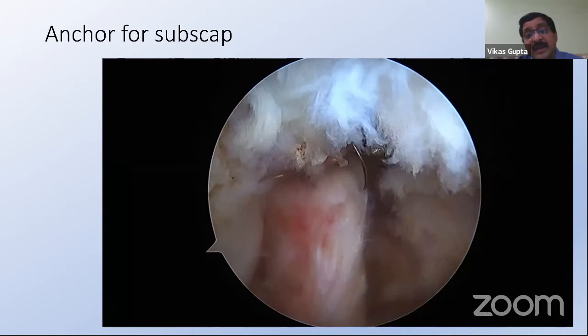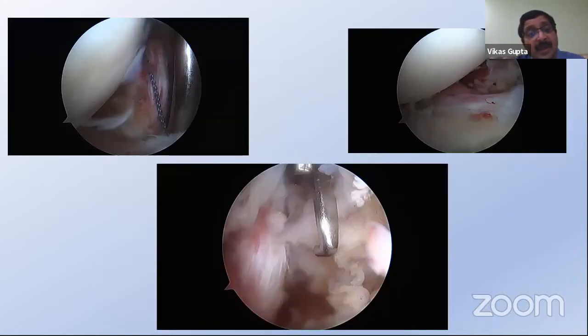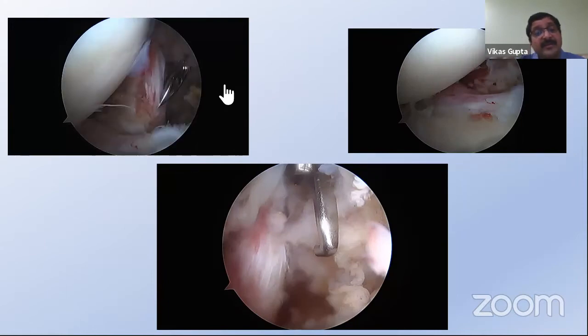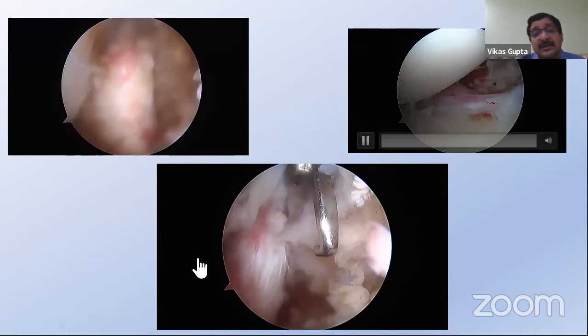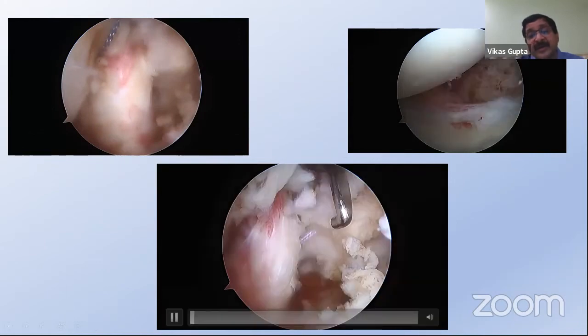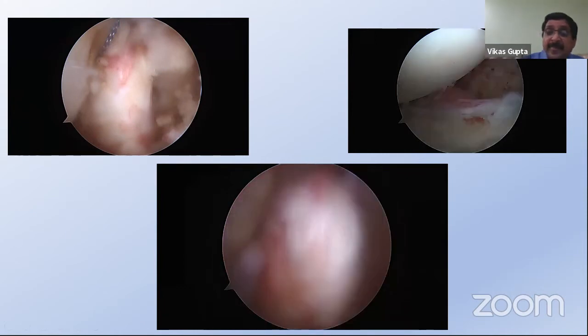Once you put in your anchor, you take a bite into the subscapularis, as you can see here. Once we tie a knot, the tendon sits on the lesser tuberosity, so the tendon is repaired.